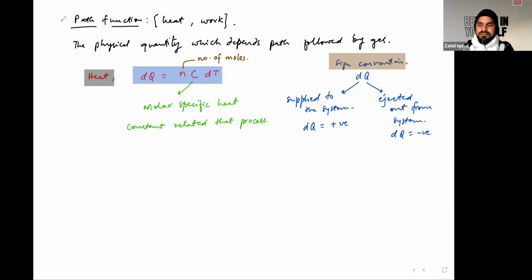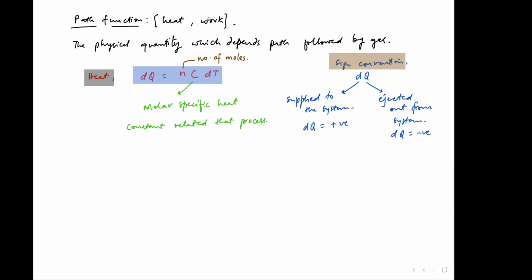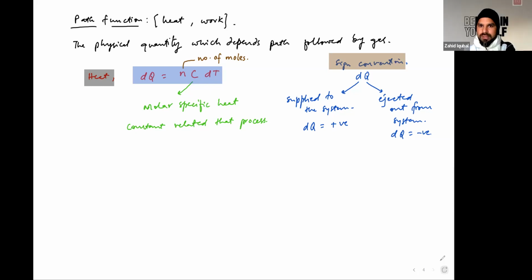Done, sir. Now, next is how to calculate work done. Work done is simply equal to force times displacement. We may write force in terms of pressure as pressure into area of cross section into displacement.